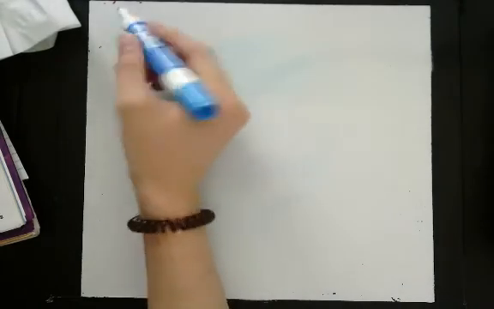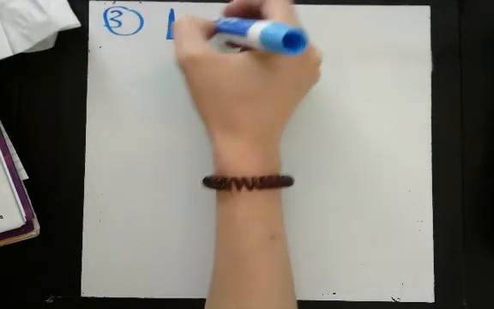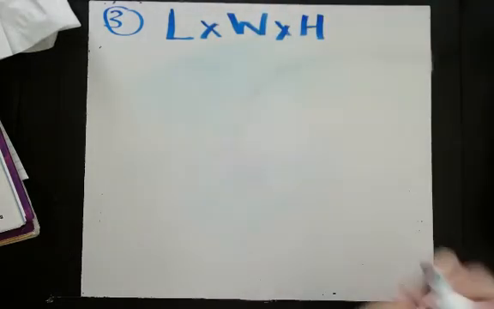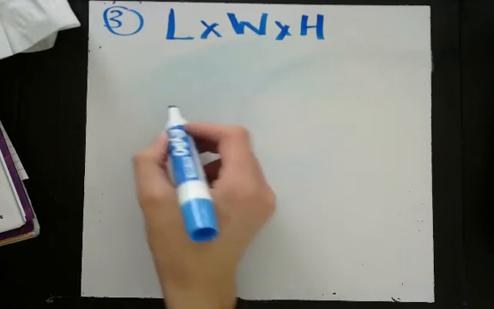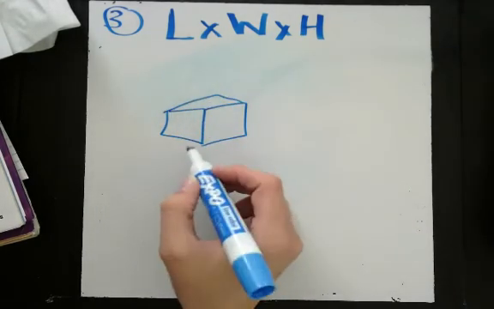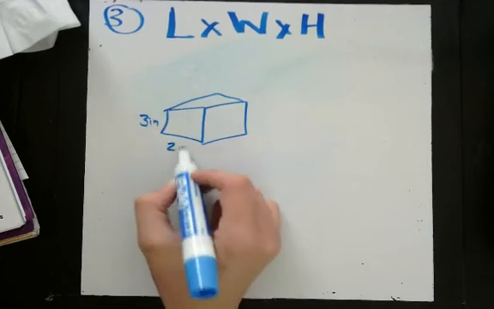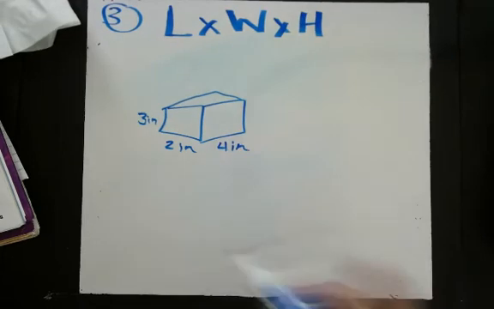Okay, we're going to start out doing number 3. Remembering that our formula is length times width times height. Okay, number 3, if we look at it, it's 3 inches for the height and 2 inches by 4 inches for the base, the length and the width.